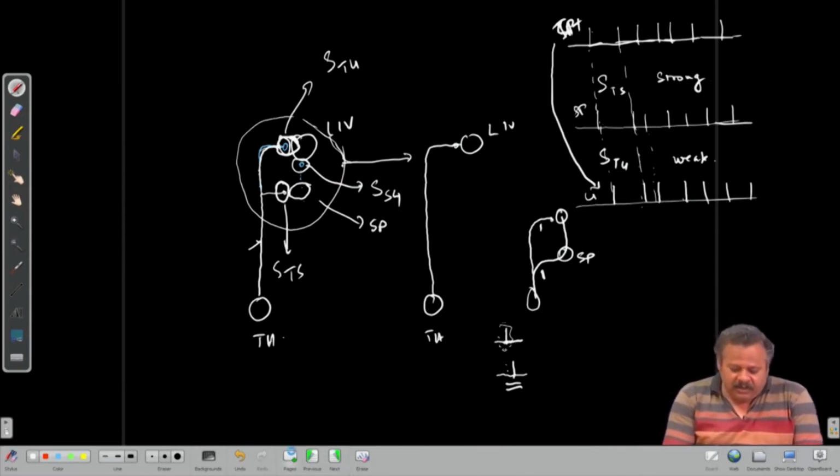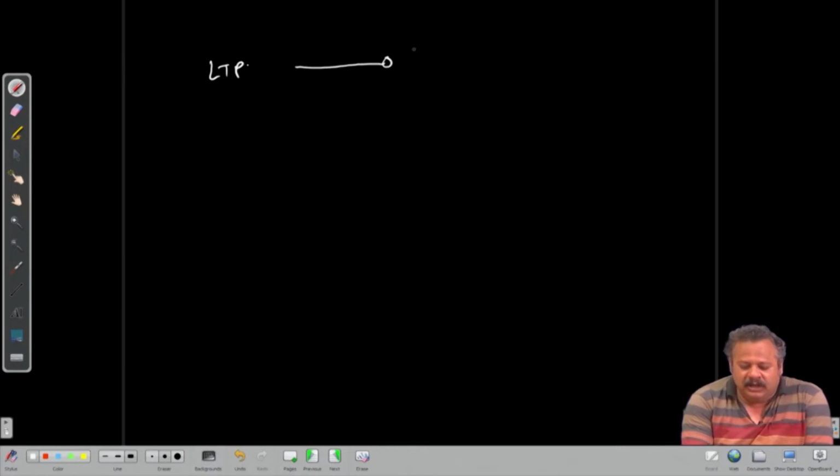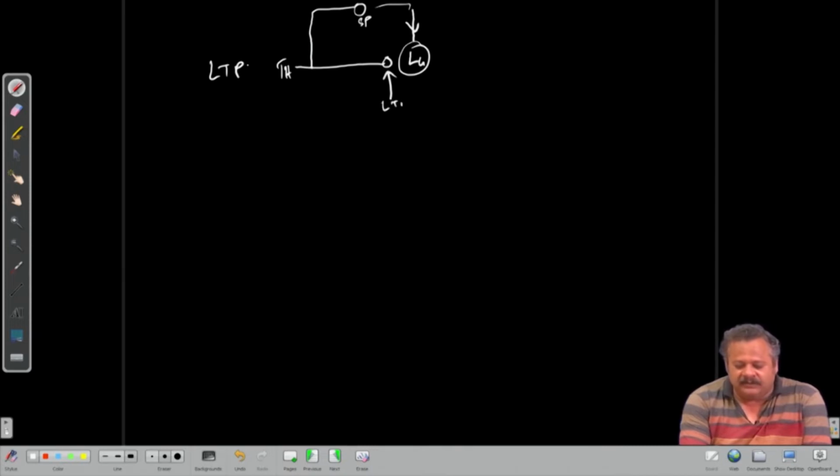So, if we go here, we are getting long term potentiation initially at this thalamus to layer 4 neuron synapse, because of the pairing that is being caused by the same thalamic input via the subplate. This is being potentiated, LTP in this one.